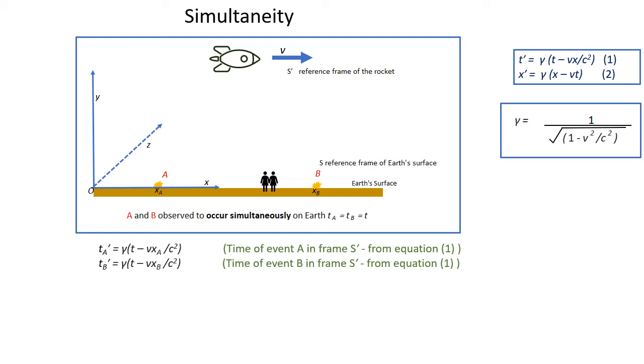So the time difference between these two events is gamma v into xb minus xa over c squared.